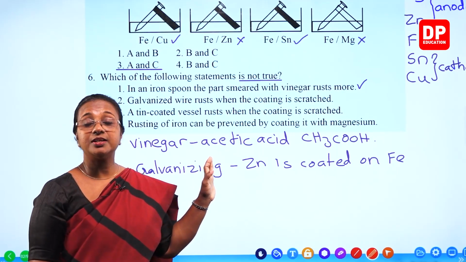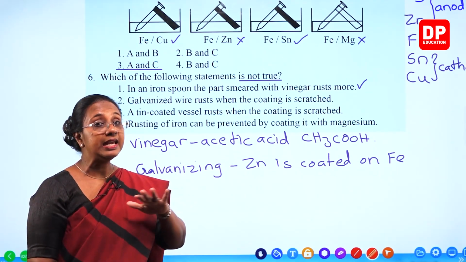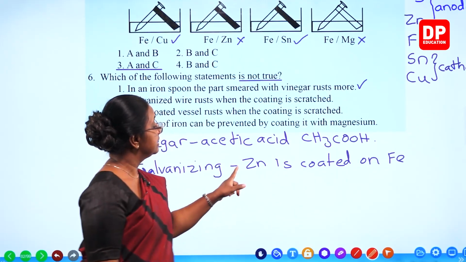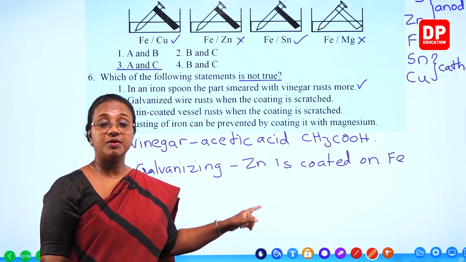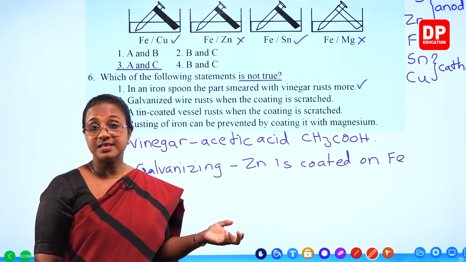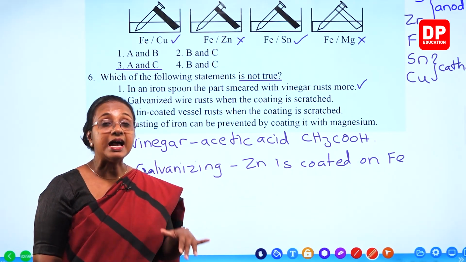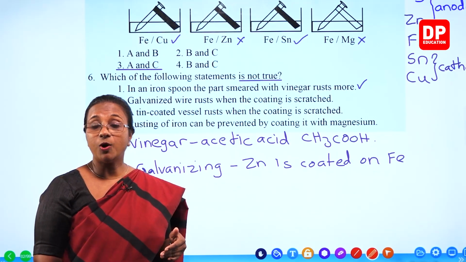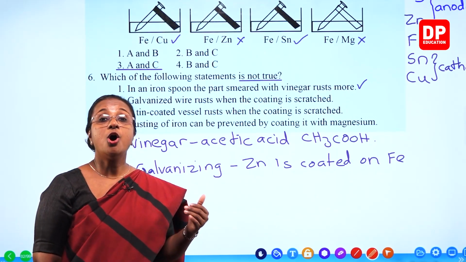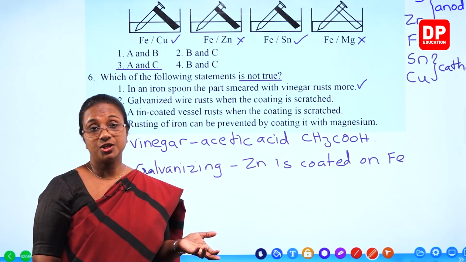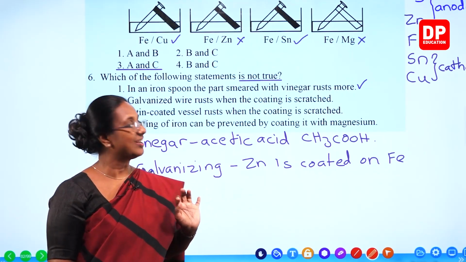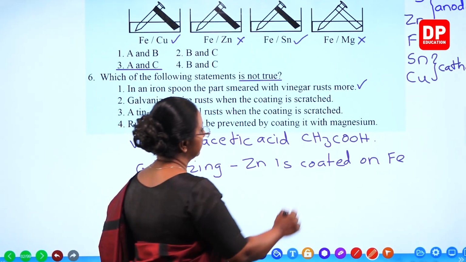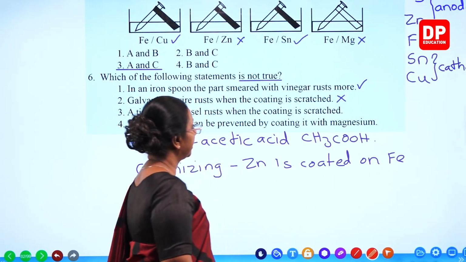There is no contact of oxygen and water with iron. It will not rust. But when it is scratched also, still zinc is more reactive. Because of that, it becomes the sacrificial electrode and iron is the cathode. So, iron is protected. That is why we call it cathodic protection or sacrificial protection. I am sure you all can remember that. So, this one, galvanized wire rusts when the coating is scratched. That is incorrect or not true.